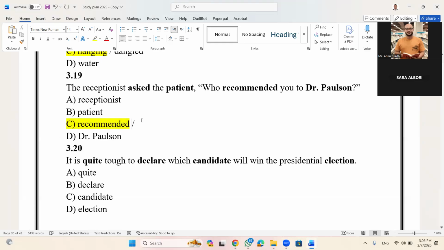It should be replaced by referred. Yeah, referred. For example, let's imagine that you went to a doctor who treats skin problems, and he tells you that this is not your problem, you need to see an expert in heart surgery. So what I'm doing here is referring you to another doctor.